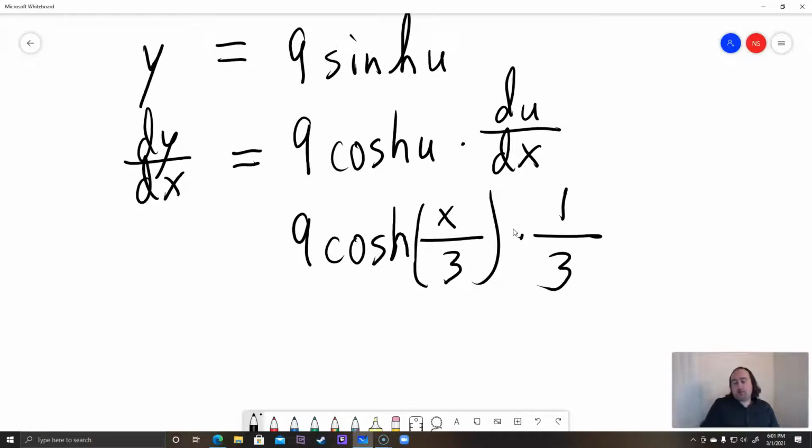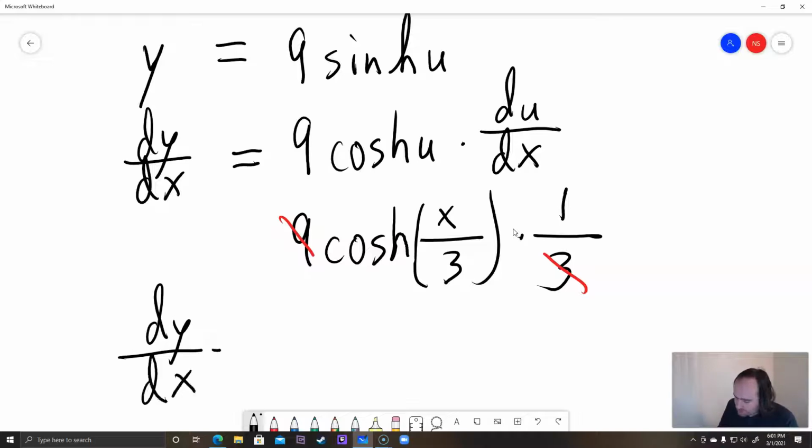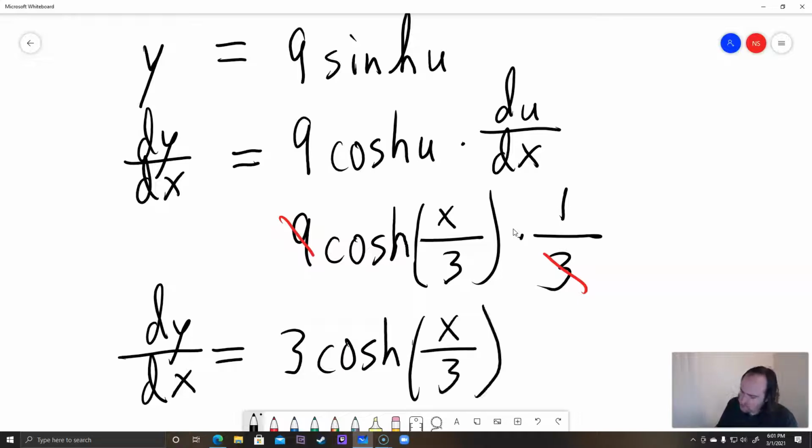And then, of course, 9 divided by 3 is 3, so we can cancel those out. Our answer is dy dx equals 3 times cosh of x over 3. And that's actually the whole problem.